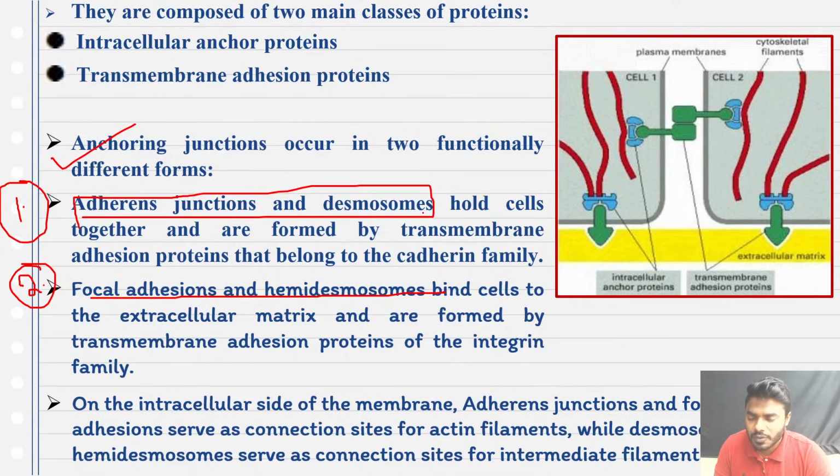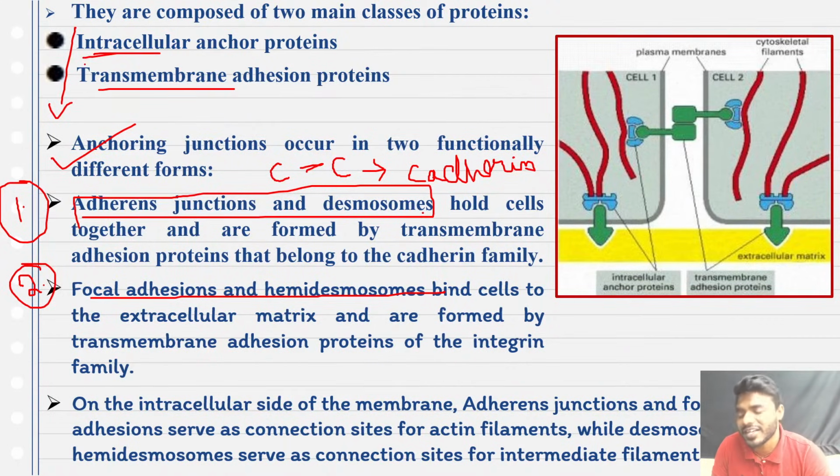Adherens junctions and desmosomes, the first type of anchoring junction, are majorly responsible for cell to cell interaction, and they are always associated with the transmembrane cadherin family. I told you, every anchoring junction is made up of a transmembrane protein and an intracellular protein.